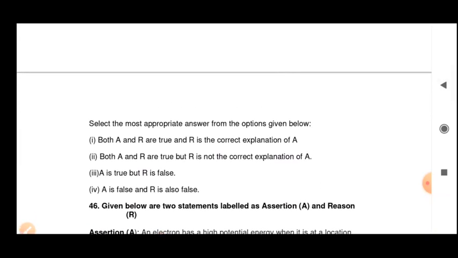So as you know, to increase the range, first we have to use a suitable low resistance in the ammeter, and that should be connected in parallel.